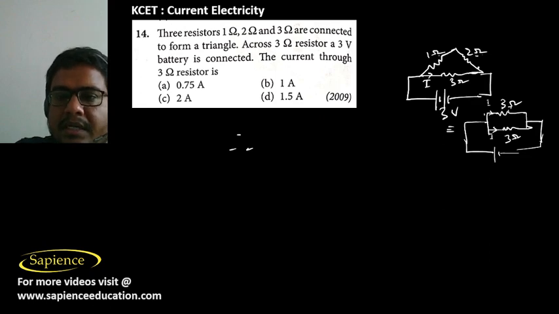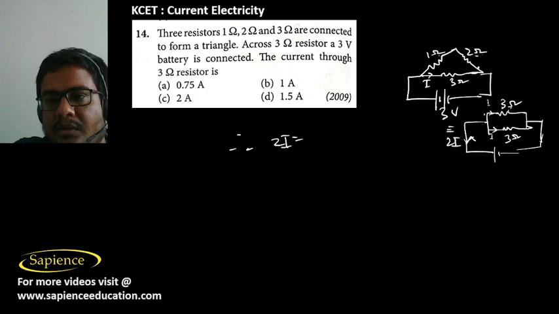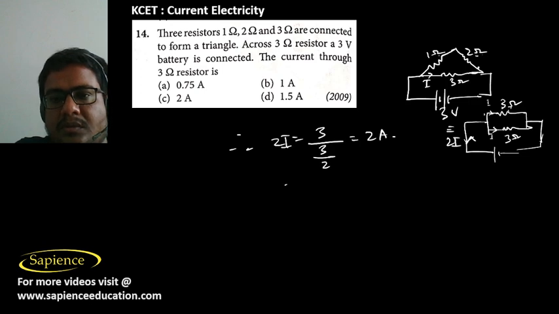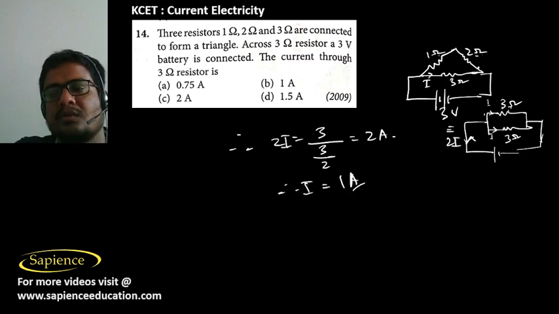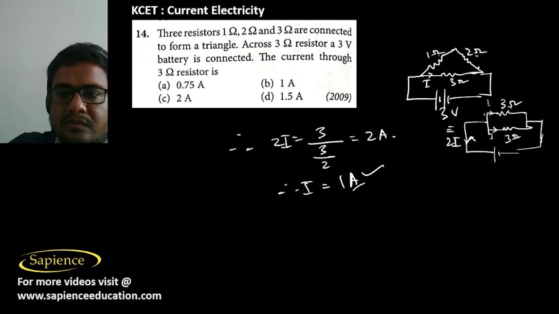So the net current is 2I. So 2I will be equal to V by R equivalent, that is 3 by 3 by 2, so that is 2 ampere. Therefore I is equal to 1 ampere. So 1 ampere current will flow through each of them. So the current through the 3 ohm resistor will be 1 ampere. So option B is the correct answer.